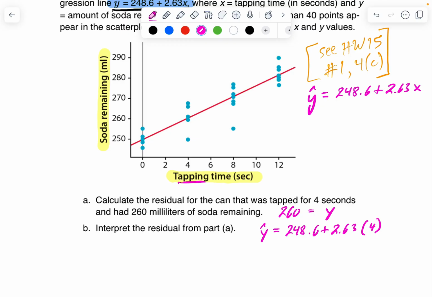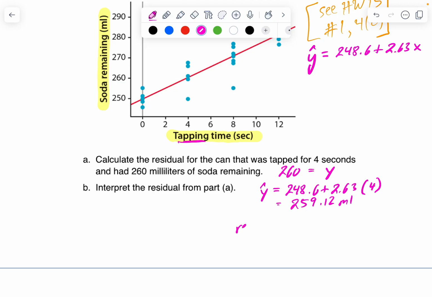Grabbing my calculator, 248.6 plus 2.63 times 4 is 259.12 milliliters. So the residual is actual minus predicted. There actually were 260 milliliters of soda remaining, and we predicted 259.12. So the difference is 0.88 of a milliliter, assuming I did my subtraction correctly.